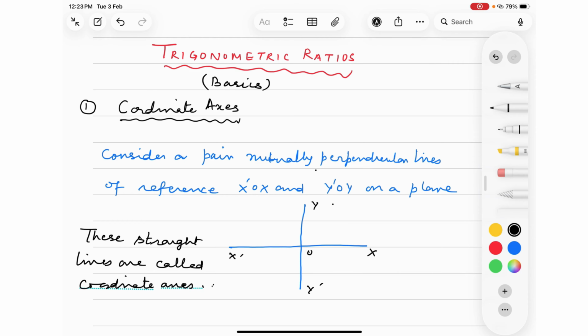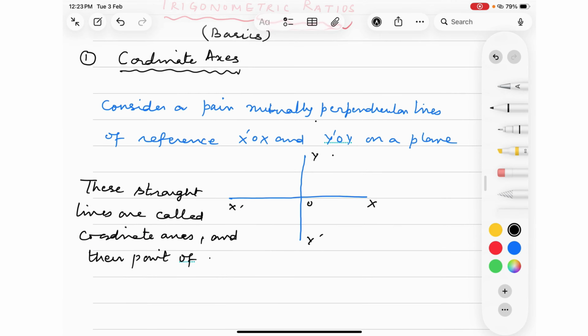And their point of intersection is called origin. The point of intersection is called origin, and it is denoted by O.